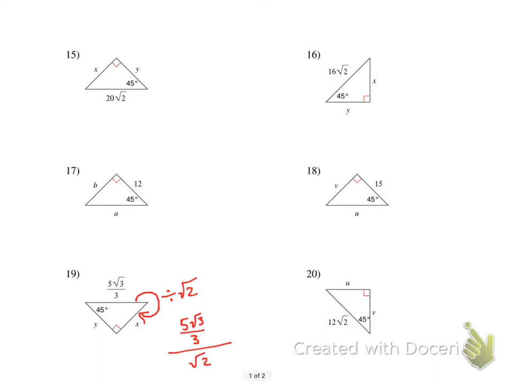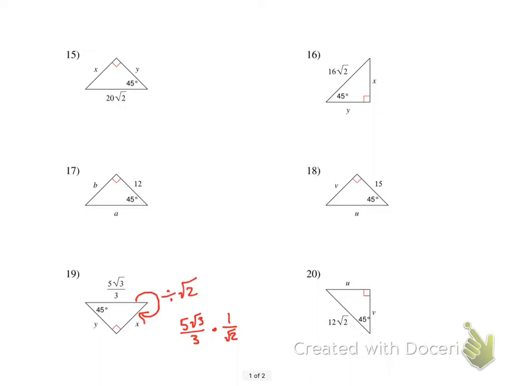Remember, dividing by square root of 2 is the same as multiplying by 1 over the square root of 2. So if we're good with that, we at least have a path forward. We can proceed and see what to do from here.